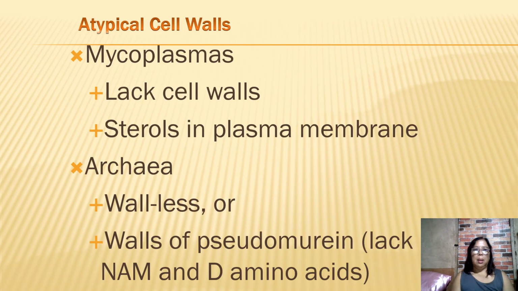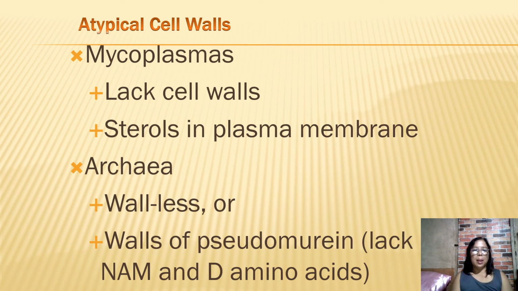Okay. And then in terms of cell wall, there are some microorganisms like mycoplasma and they lack a cell wall. And then for the case of archaea, they have a wall that is lesser in shape or in size.